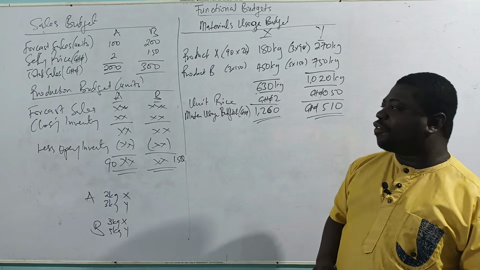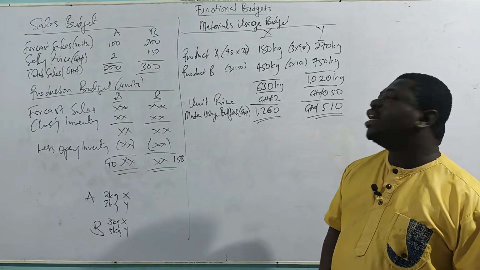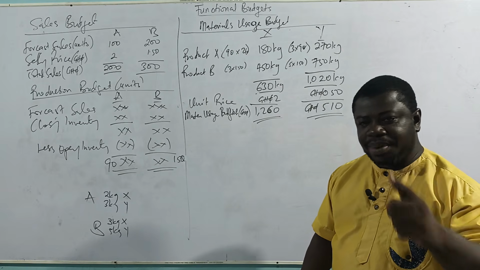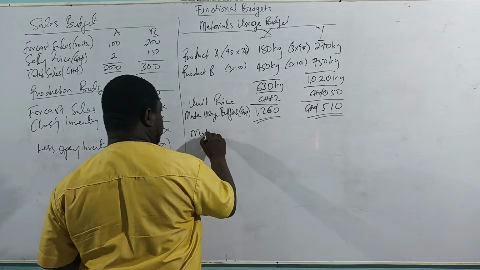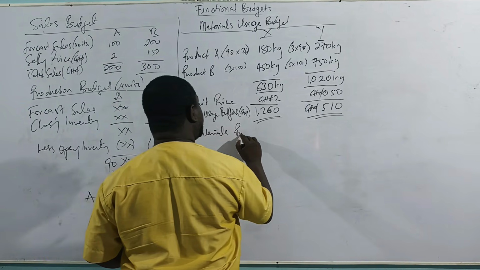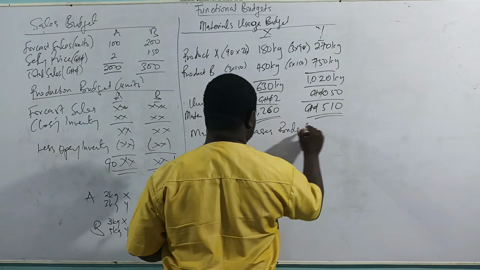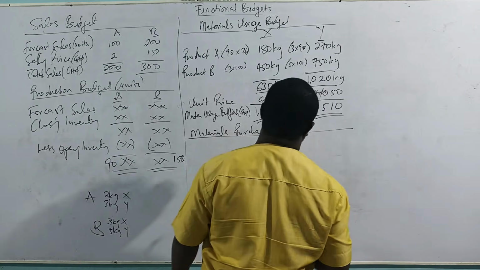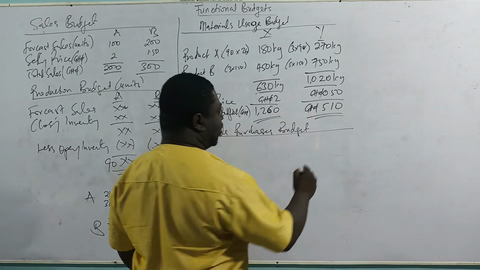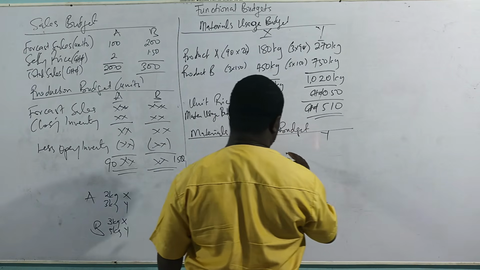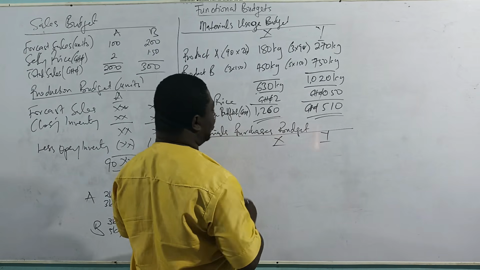It has the same effect just as we did for the production budget. So we're going to prepare the materials purchases budget. Now, the materials purchases budget will also have material Y and material X, just as we did for the materials usage.